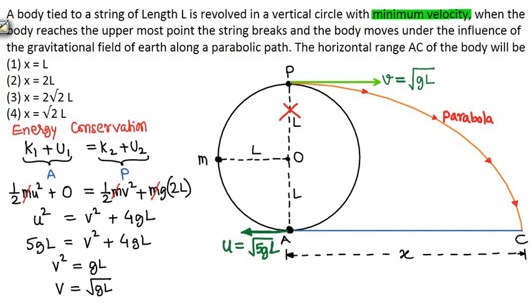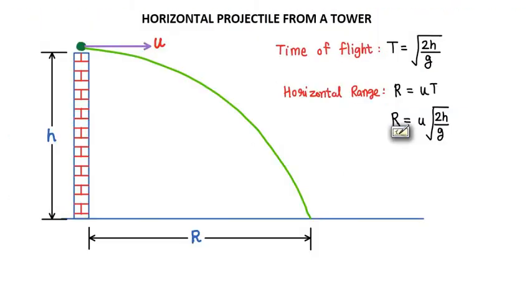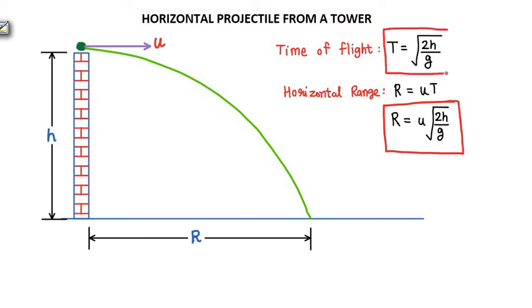Now let us recall the horizontal projectile from a tower. From a tower of height h, when a particle is thrown horizontally with velocity u, it also moves in a parabolic path, and the range of this projectile is given by this formula. R is equal to u multiplied by root of 2h by g, and the time of flight is root of 2h by g, where u is the initial horizontal velocity.